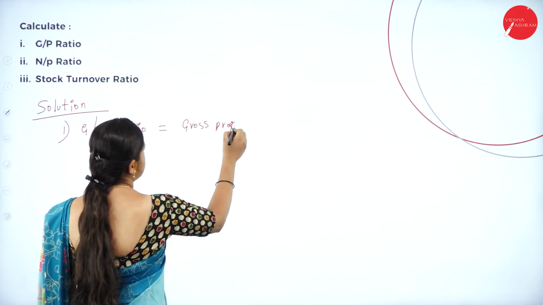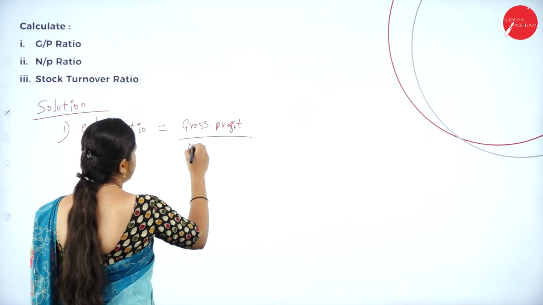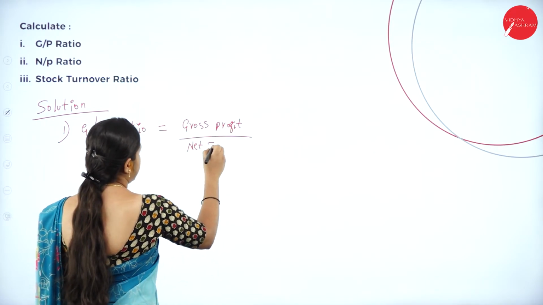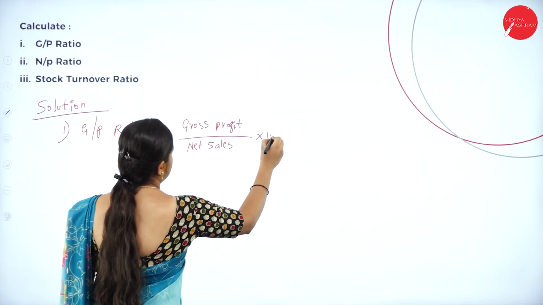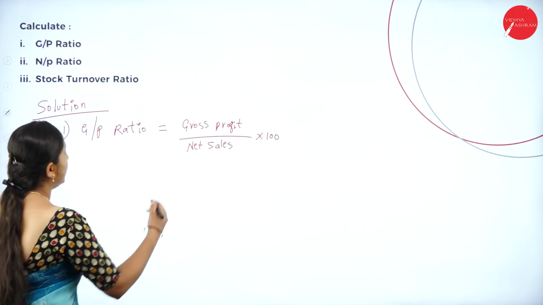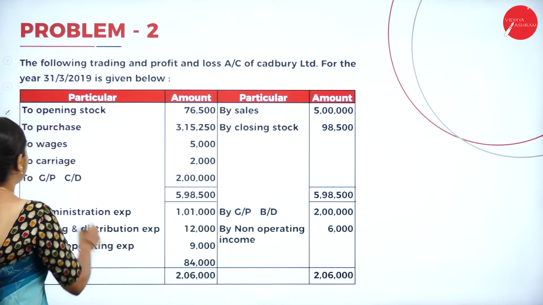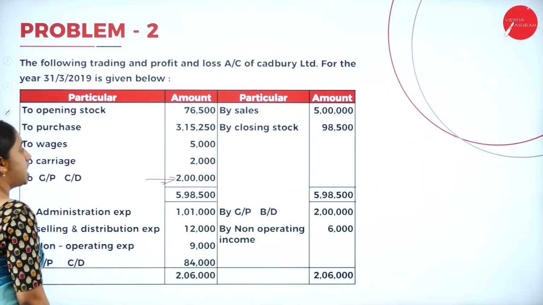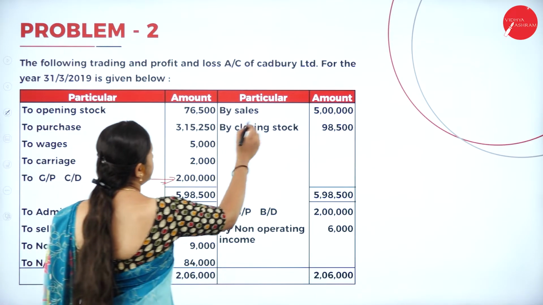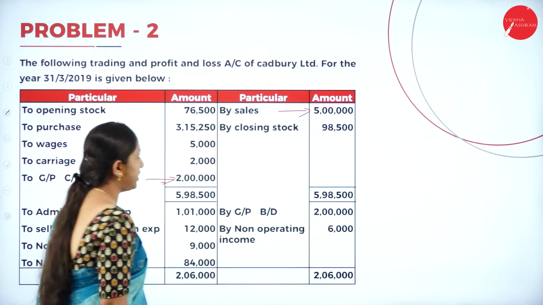In this problem, we have gross profit rupees 2 lakh and net sales is rupees 5 lakh.